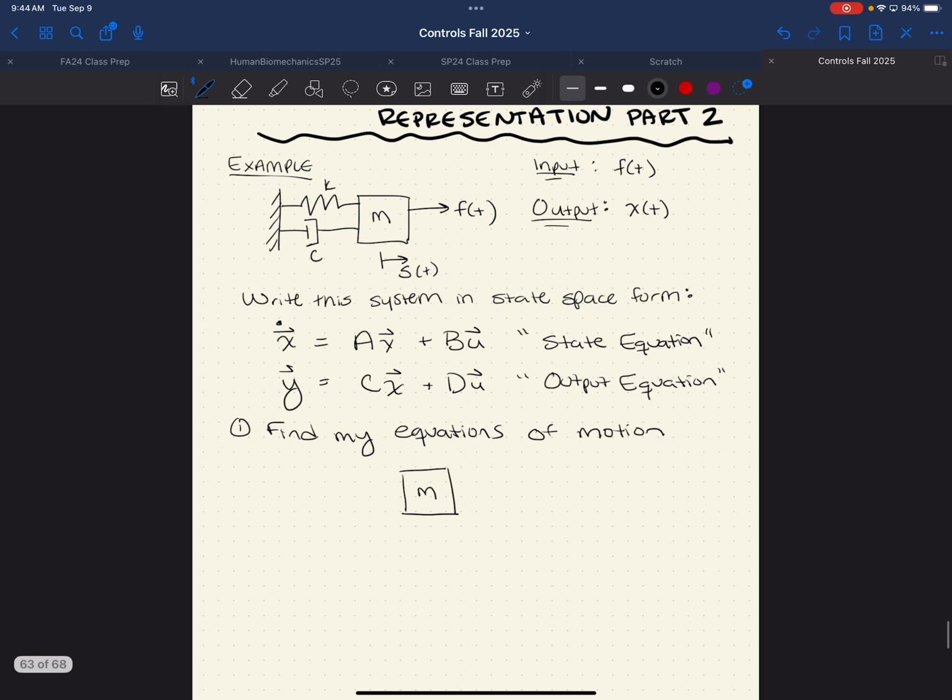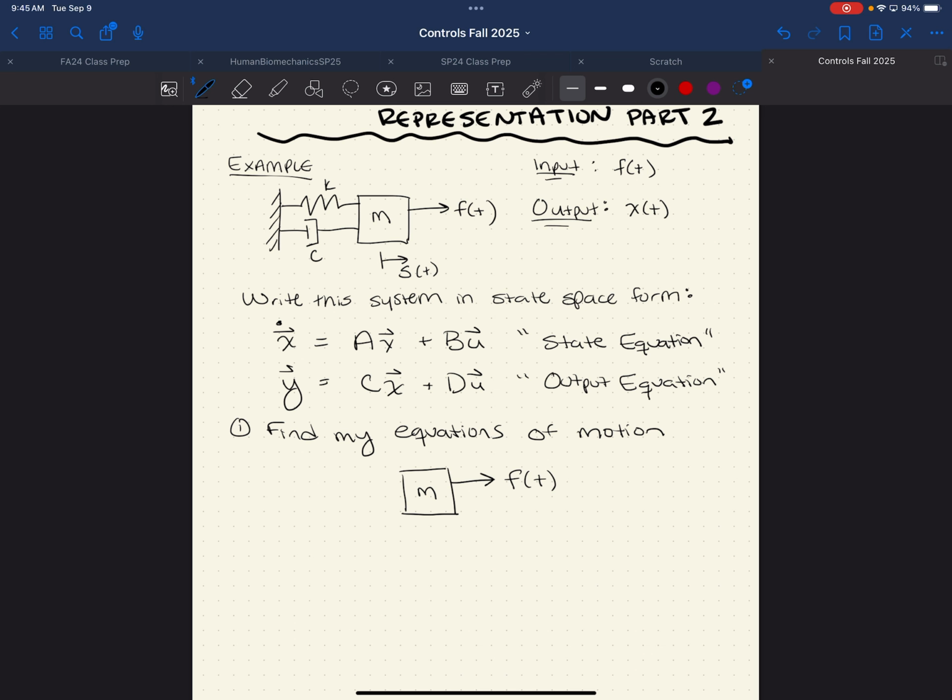So F here is absolutely a force, so we can just transcribe that one. That's our input force. This is what we as the control engineers get to decide is the input. And then what are the other bits? You got gravity. I'm actually going to pretend that this is in the plane. I'm looking down on top of it. Not going to worry about gravity. The spring force. Now that spring force, should I draw it to the left or to the right?